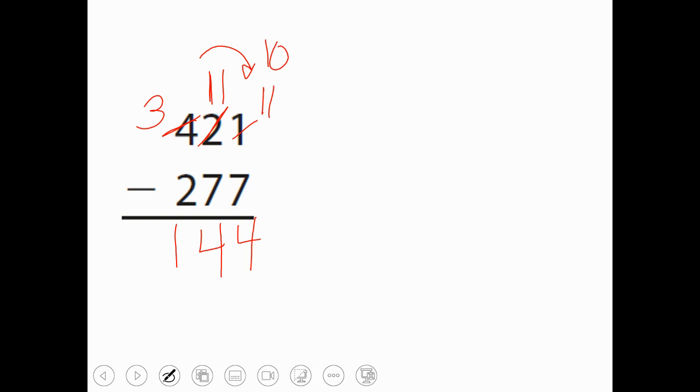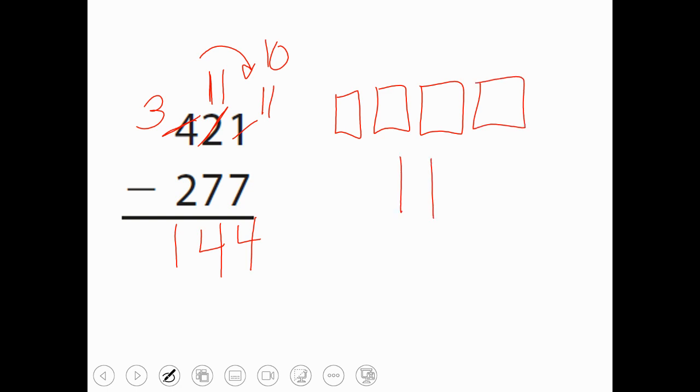I can also do another strategy where I draw out my place value. So I can do 4 hundreds, 2 tens, and 1. Okay, so now I'm going to subtract 277. I'm going to first start at the 7. Well, I know I can't subtract 7.